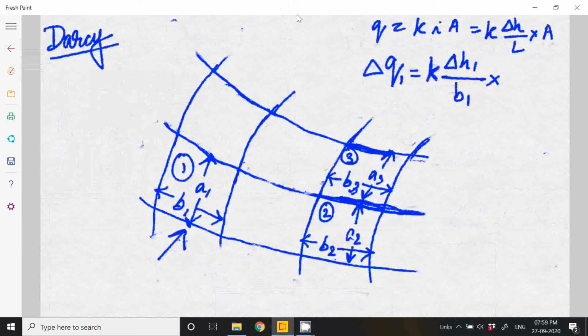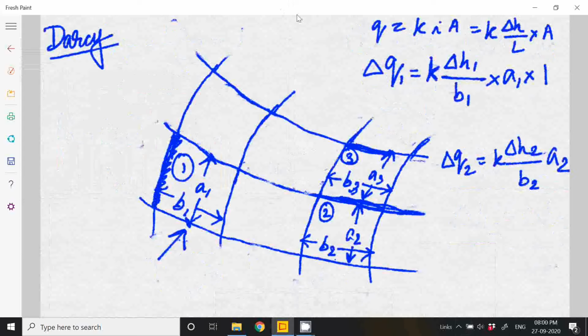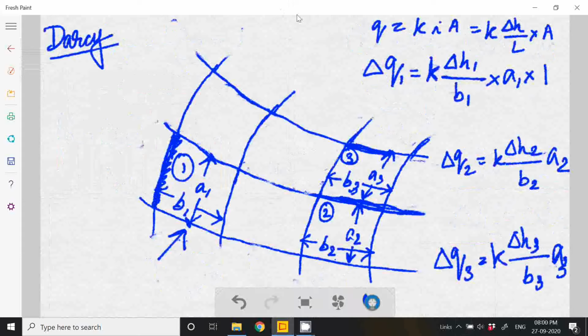And the cross-sectional area will be how much? We take a unit width, so the cross-sectional area will be A1 into 1. Similarly, delta Q2 we can write as K delta H2 by B2 into A2, and delta Q3 is equal to K delta H3 by B3 into A3.